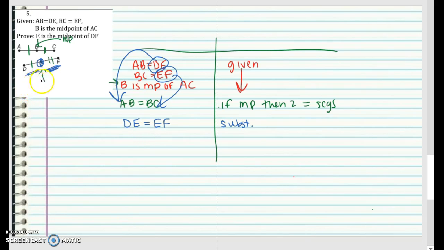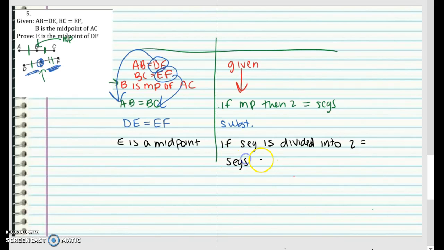Now that I've said that DE is equal to EF, I can say that E is a midpoint, because we have two congruent segments. So if the segment is divided into two equal segments, then you have a midpoint.